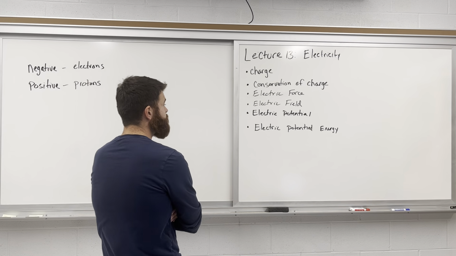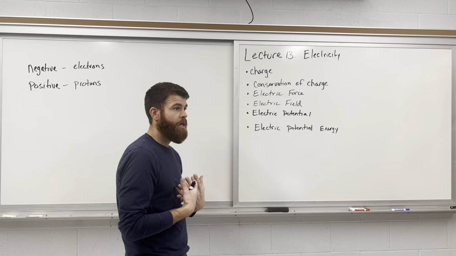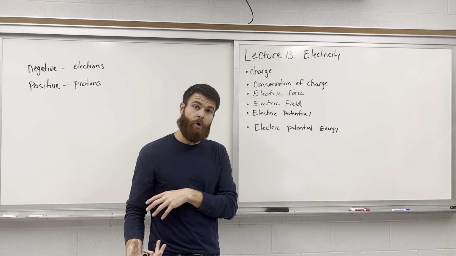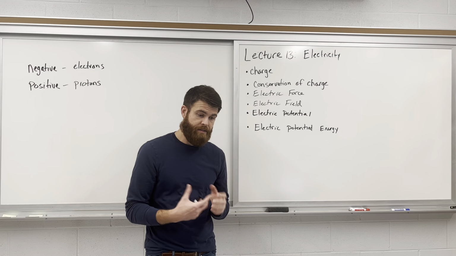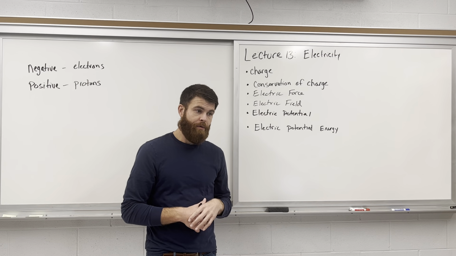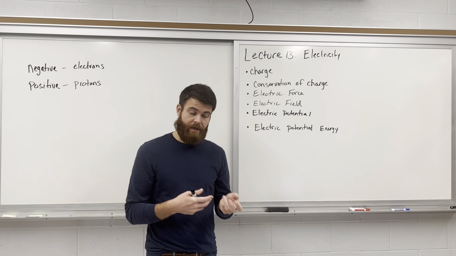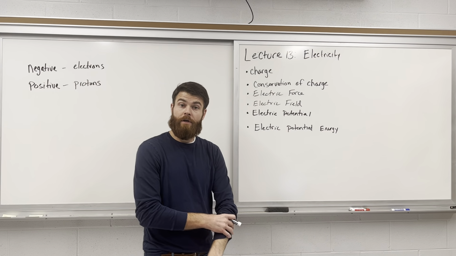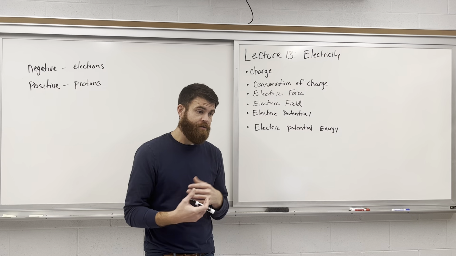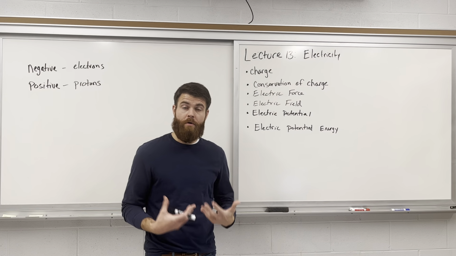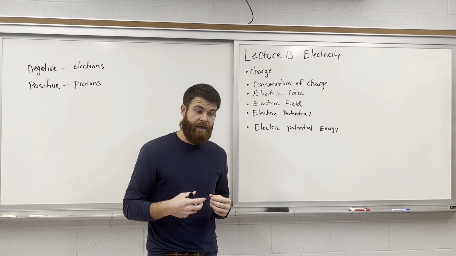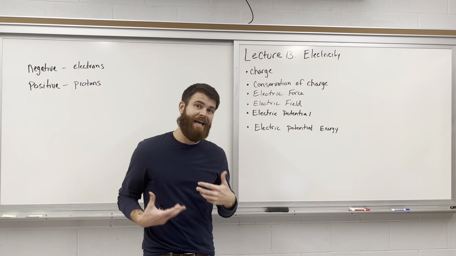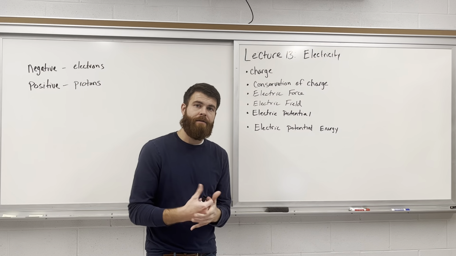And since matter is composed of atoms that have protons and electrons in those atoms, the relative abundance of protons and electrons determines the net electrical charge of an object, of matter. So if there are more electrons than protons, then it's said to be negatively charged, as it has an excess of negative charge.